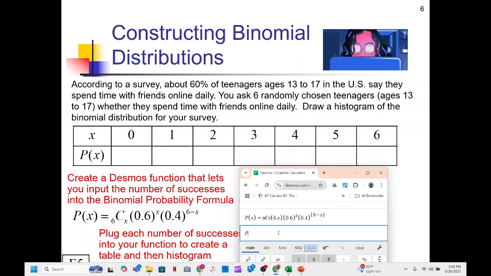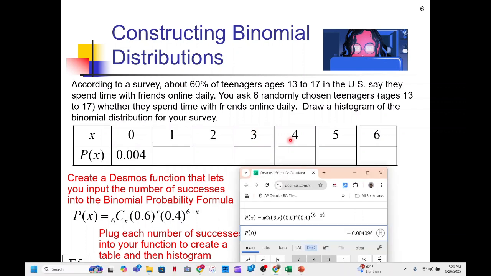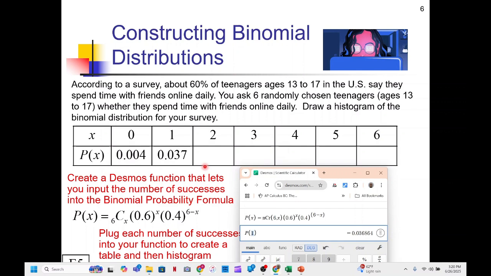So let me start by plugging in 0. That's about 0.004. So a very slight chance that none of the teenagers says that they engage in this activity. If we plug in 1, that's 0.037. If we plug in 2, that's 0.138.